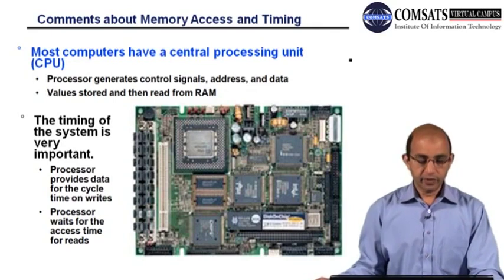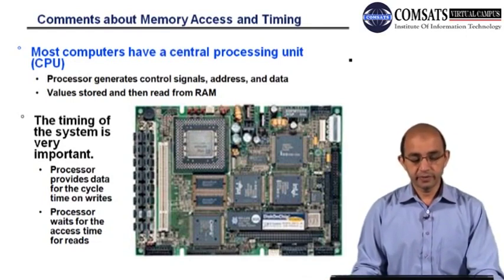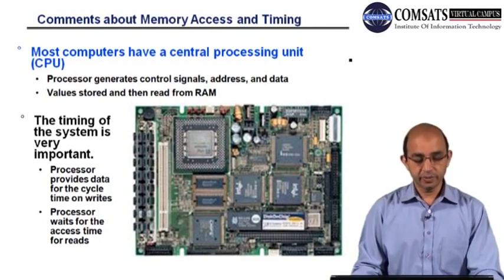Whenever we talk about the computer system, there are certain components that are very important, and one of them is the CPU, which is normally considered the brain of the computer system. For memory, the processor generates control signals, address and data, and the values generated by the processor are stored in the RAM, and whenever required they are read from the same RAM.